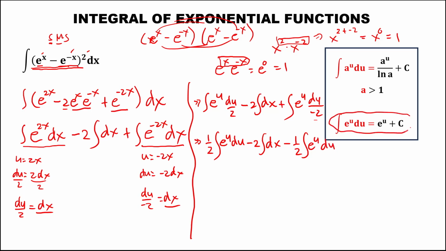So we can now use this formula. We have 1/2 e to the power u, where u is 2x, then minus 2, and take note that the integral of dx is x, then minus 1/2 e to the power u, where u is negative 2x, then plus c.